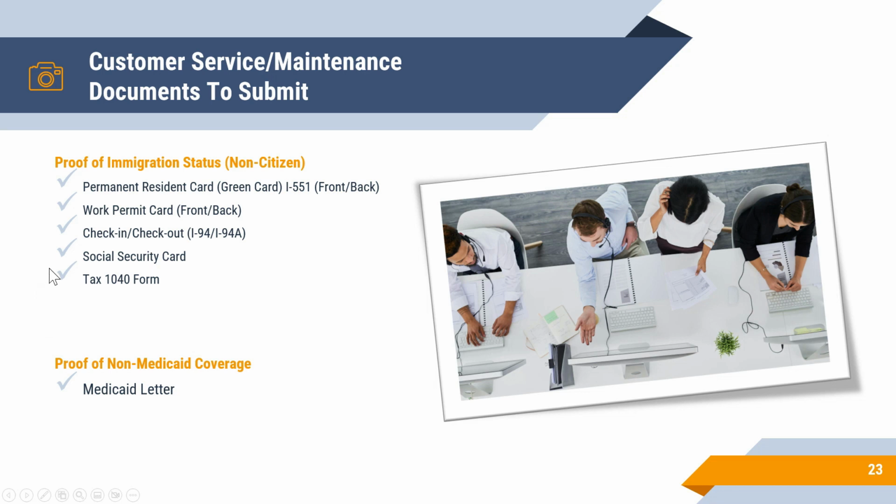Proof of immigration for non-citizens: permanent resident card, a clear picture of the front and back of it, work permit card, front and back of it, check-in and check-out form, I-94 or I-94A, a social security card, or they can also use a tax 1040 form. And then proof of non-Medicaid coverage, they would just need to get a letter from Medicaid stating that they do not have Medicaid coverage.